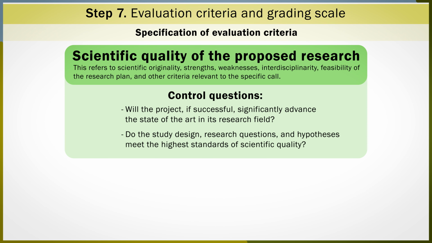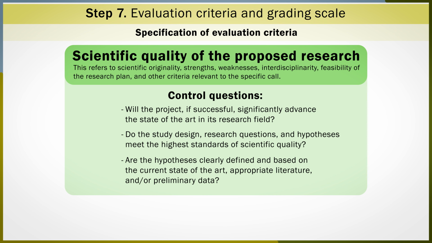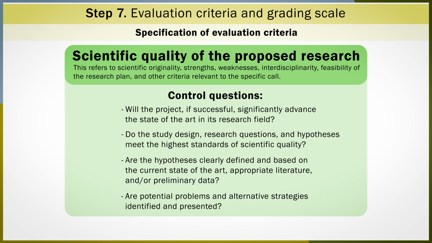Do the study design, research questions and hypotheses meet the highest standards of scientific quality? Are the hypotheses clearly defined and based on the current state-of-the-art, appropriate literature and/or preliminary data? Are potential problems and alternative strategies identified and presented?